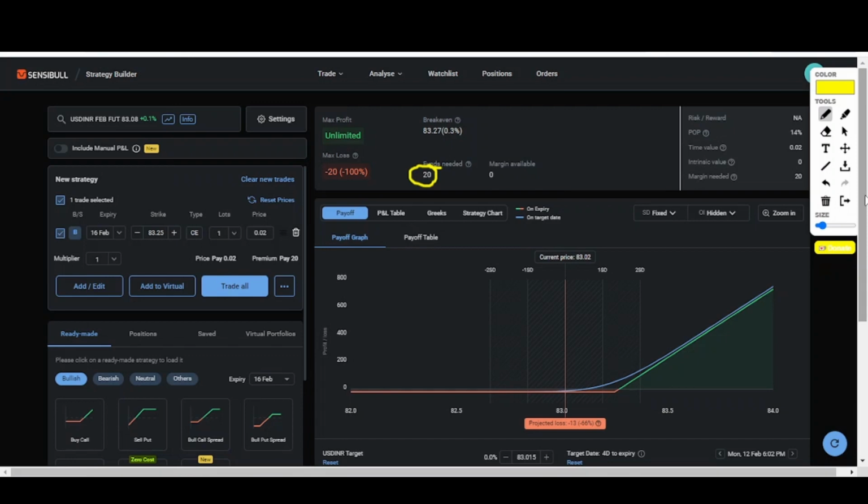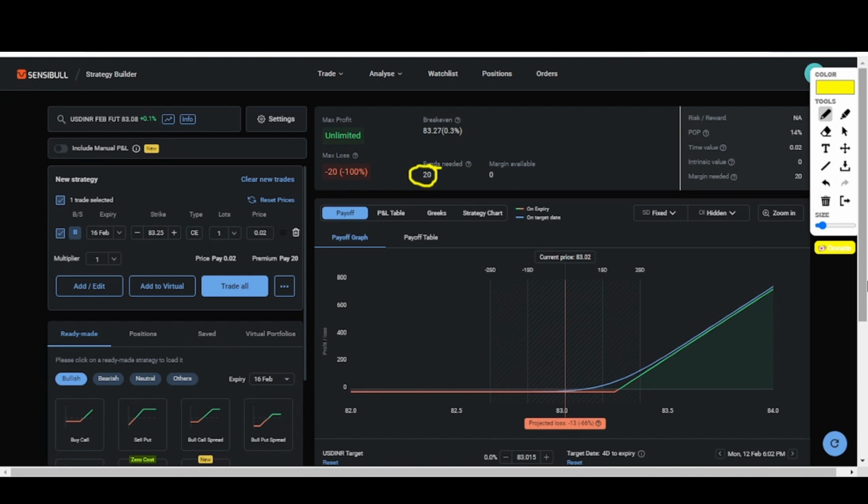Here the movement is in terms of small ticks like 0.0025. The movement is very slow and steady, unlike Nifty and Bank Nifty.